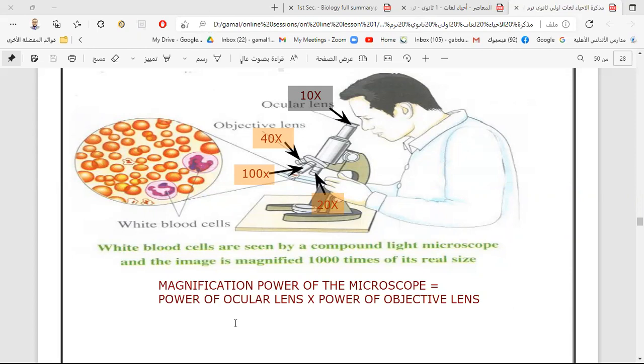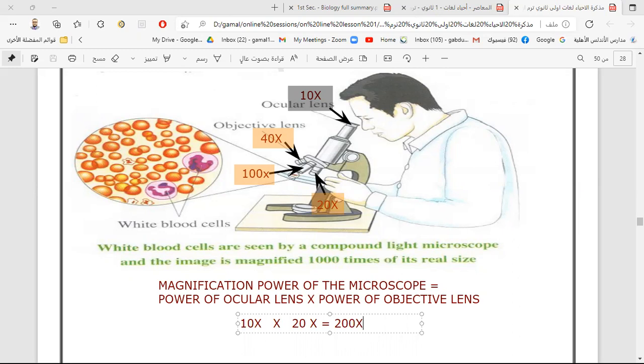It is 10x multiplied by 20x. So it will be how much? It will be, of course, 200x. The total magnification power of the microscope will be 200x.